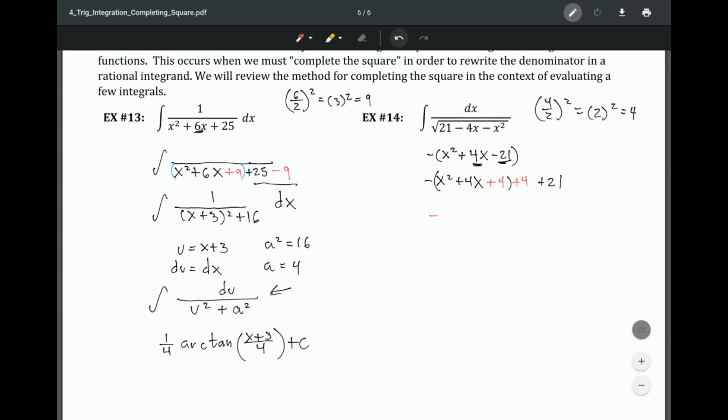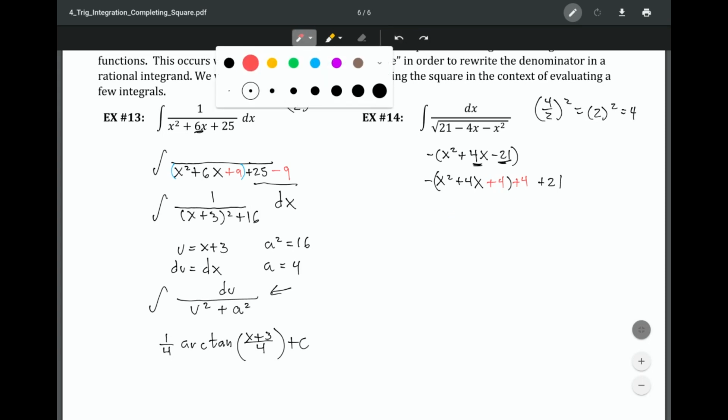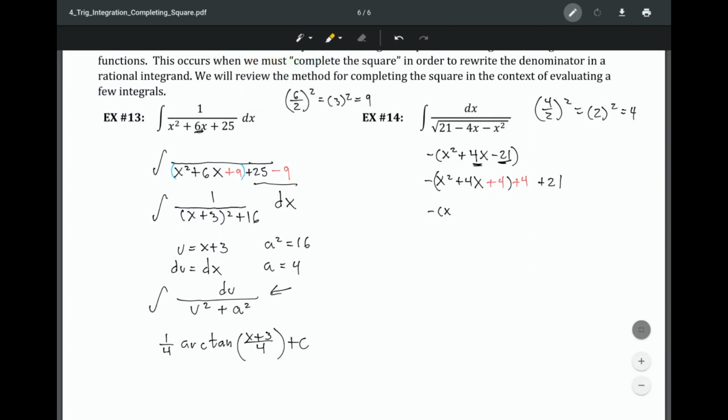All right, so now I'm going to complete the square. If you factor this, you find out that this would be x plus 2 times x plus 2, which is x plus 2 squared. And then the outside is going to be 4 plus 21, which is 25. Okay, so now I have 25.